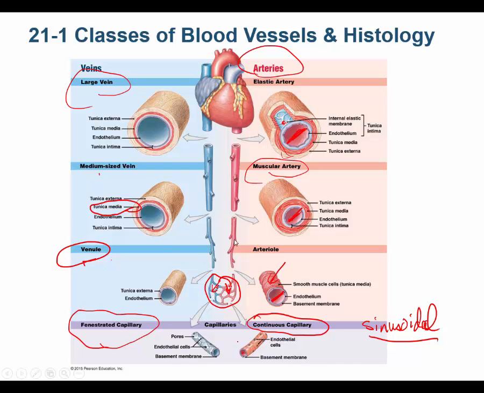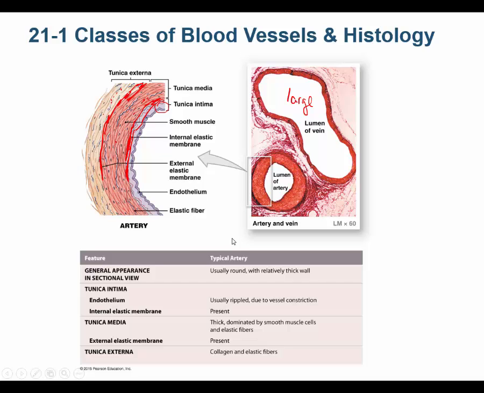But if you do compare apples with apples, you will see this. You will see that the vein has a very large lumen and the artery has, in relation, a smaller lumen. But you'll see that the wall of the artery is much thicker than the wall of the vein, and that's because of that tunica media.